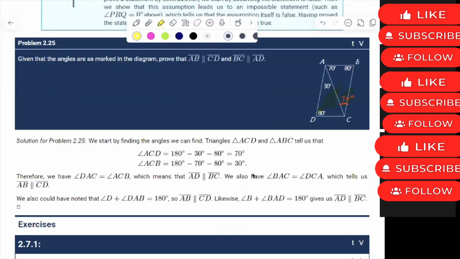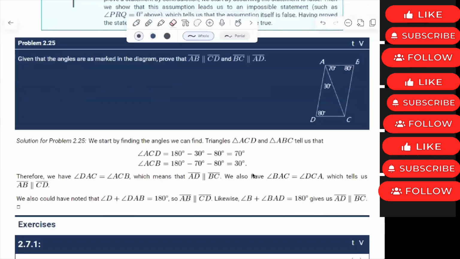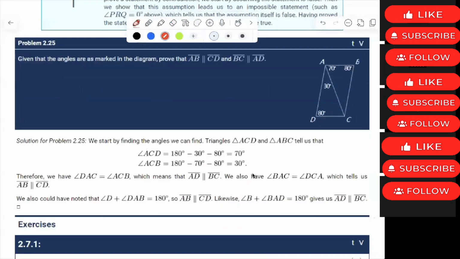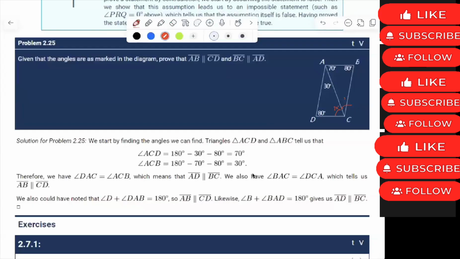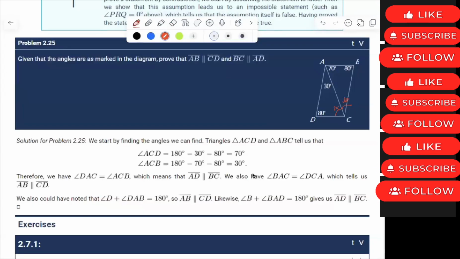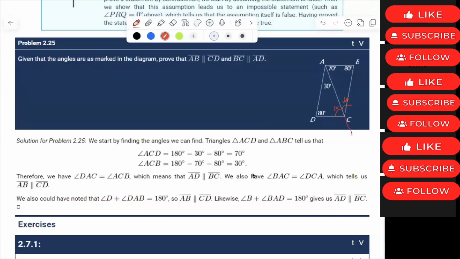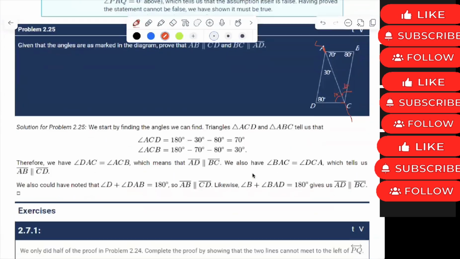We can use the triangle angles and solve for it. Yes, this is 30 degrees each. This must be a transversal line. And boom, that's your answer. That's how you prove it.